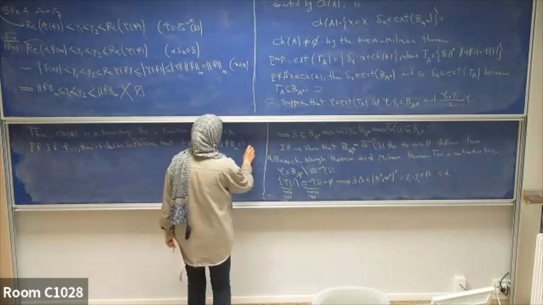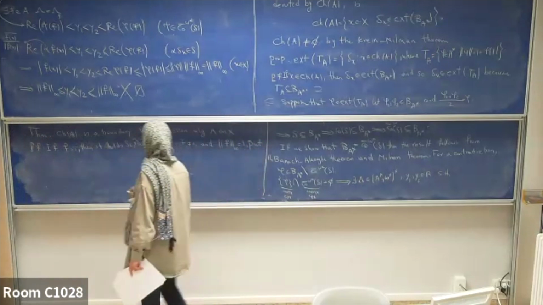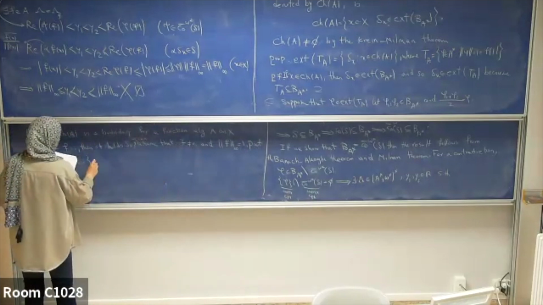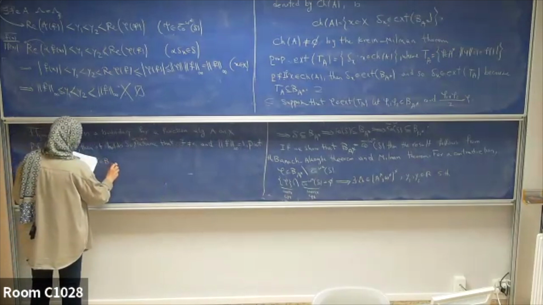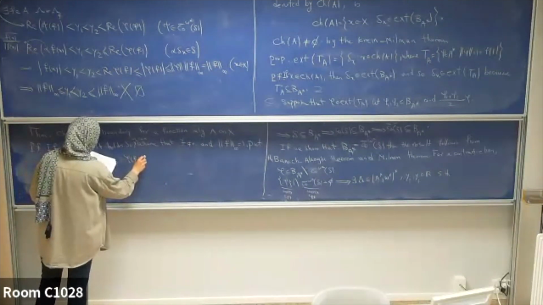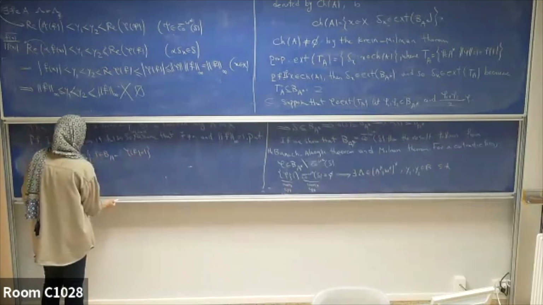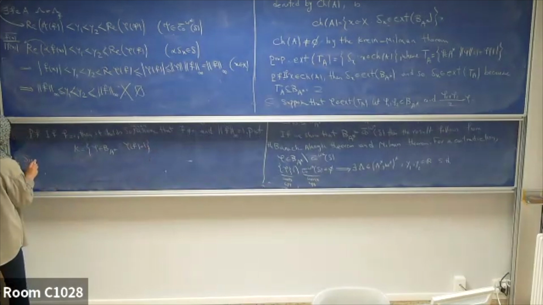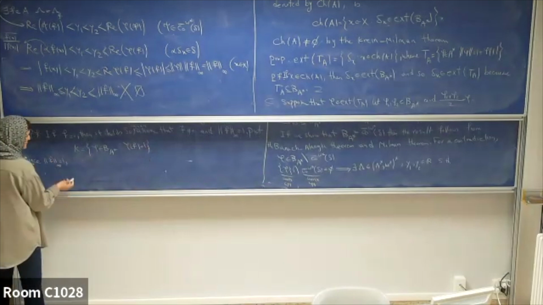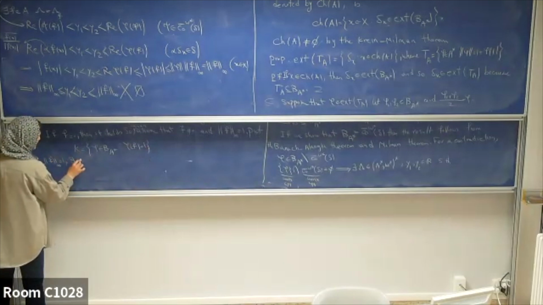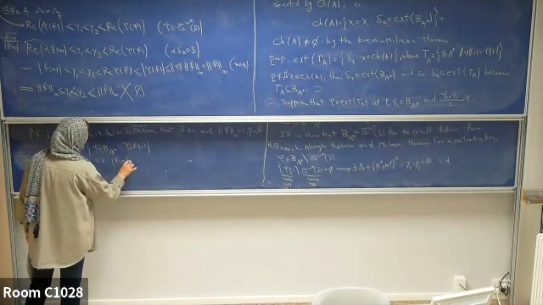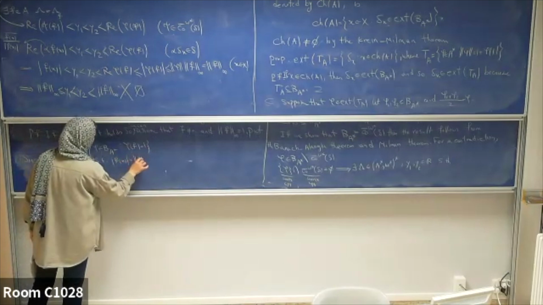Define, or put, this set like this: K is the set of phi in the ball of A star such that phi of f is 1. Since the supremum norm of f is 1 and X is compact, there exists x in X such that the absolute value of f of x is the supremum norm of f, which is 1.